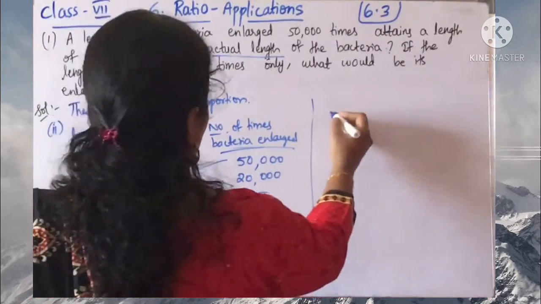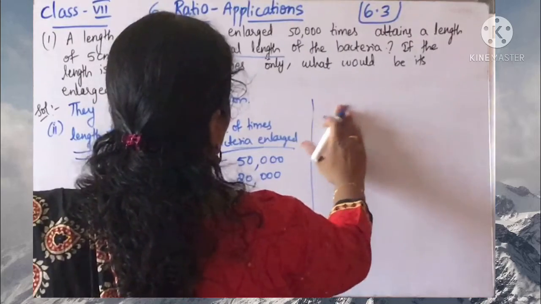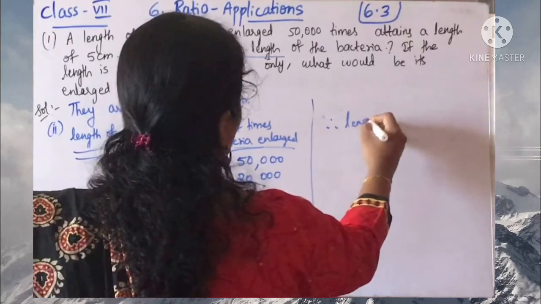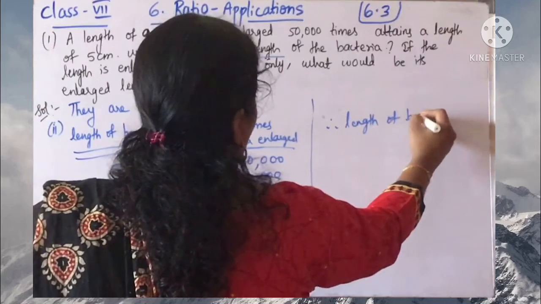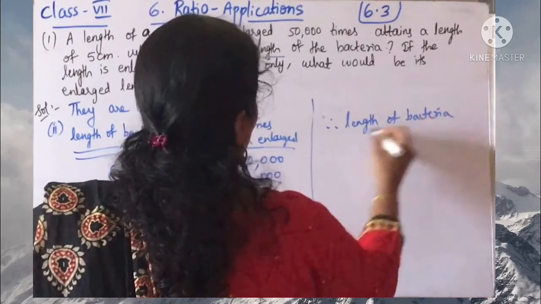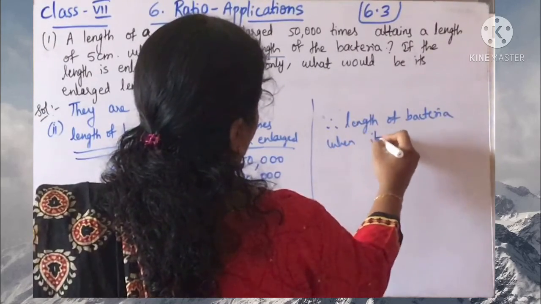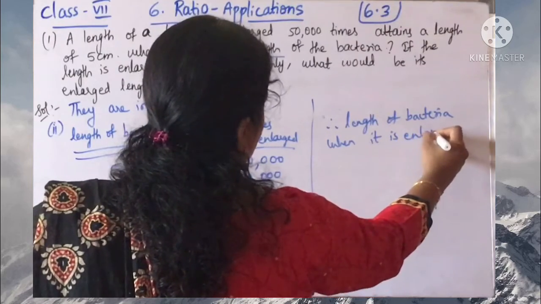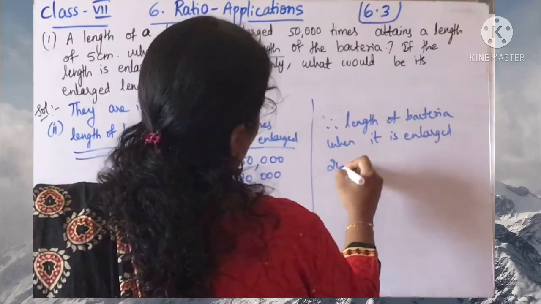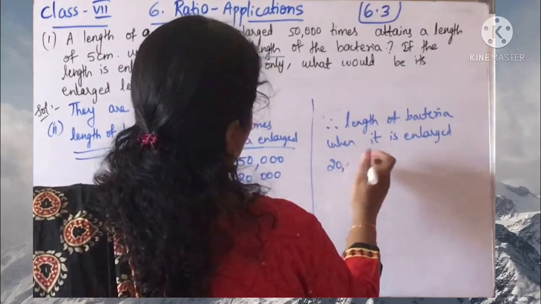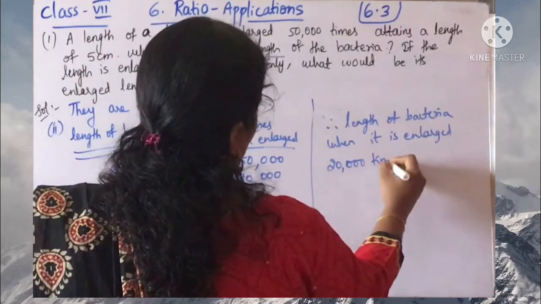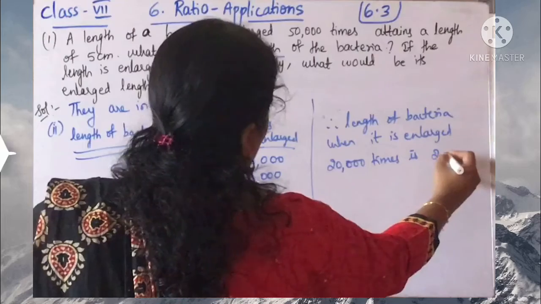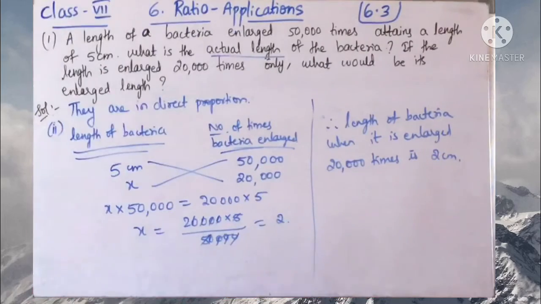Therefore, the length of bacteria when it is enlarged 20,000 times is 2 centimeters.